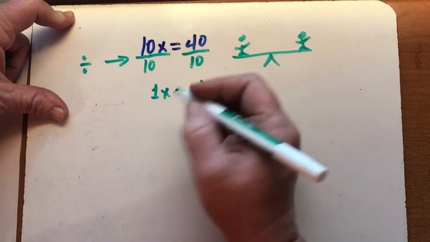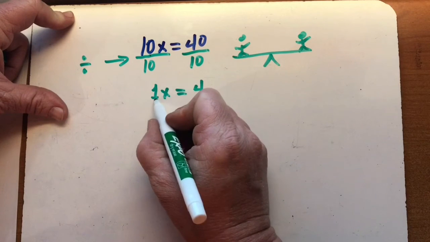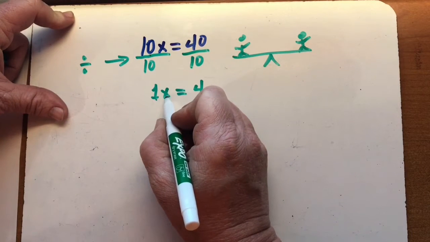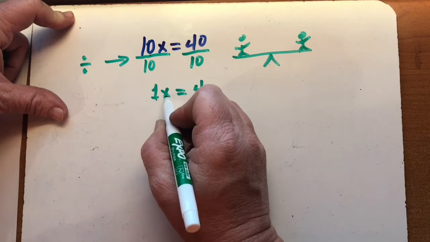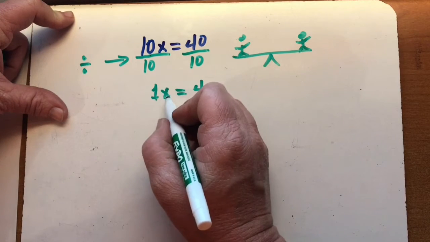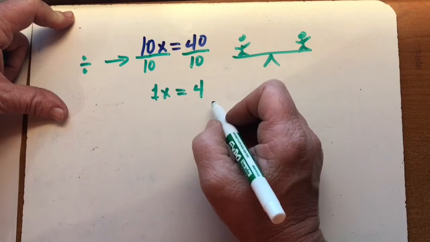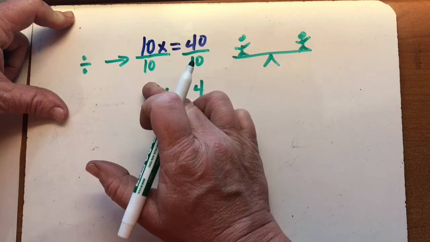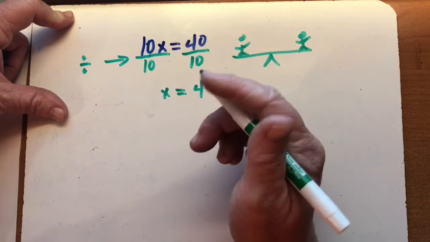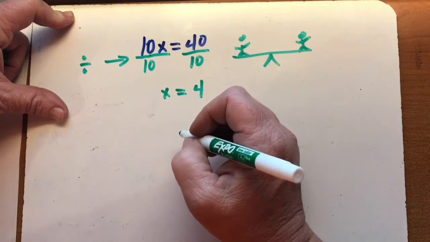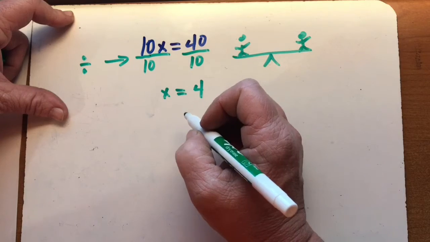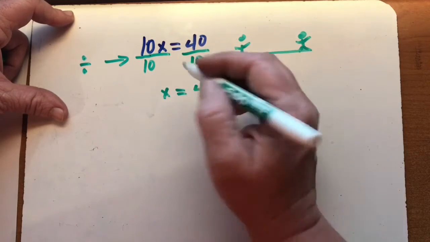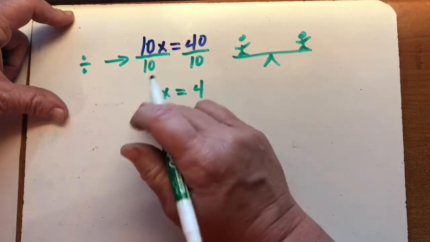Let me just go ahead and go through the motions here. 1 is being multiplied by x, right? So whatever x is, the 1 doesn't affect it. So I can write the 1, or most likely I'm just not going to write the 1. Like I said in the last lesson, 1 likes to be invisible. It's one of its many special powers, but the main special power of 1 is it likes to be invisible.